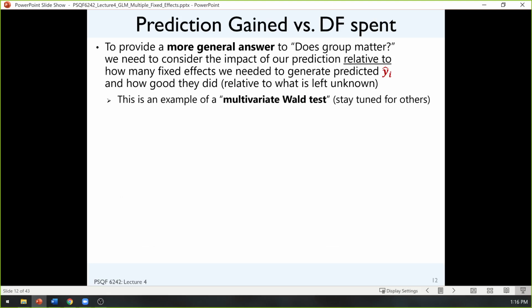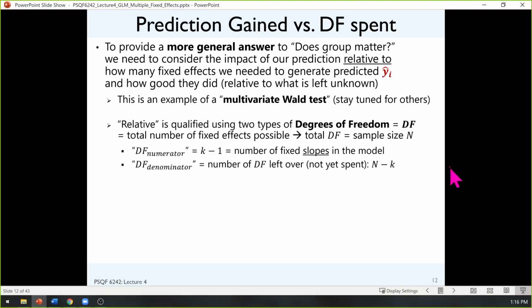So this is your first instance of a more general procedure known as a multivariate Wald test. More generally, it's the idea that you can lump together a set of slopes to answer a question as to whether they contribute jointly to a model. So this is the first instance of this. There'll be others across the semester.